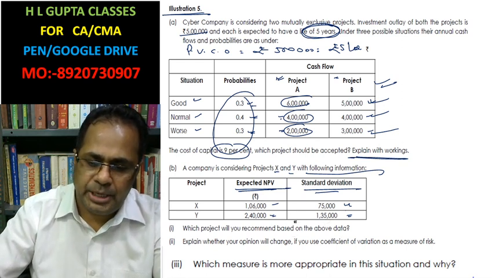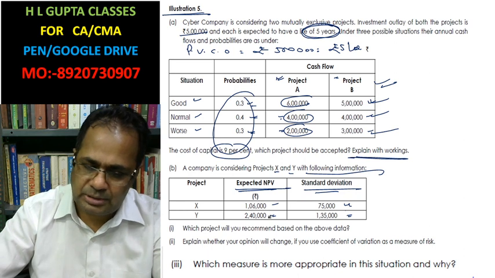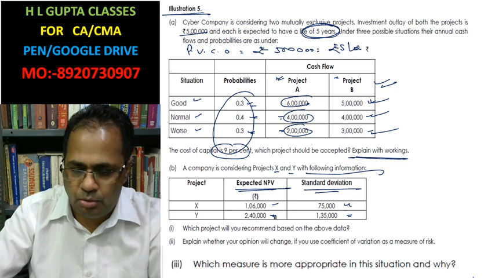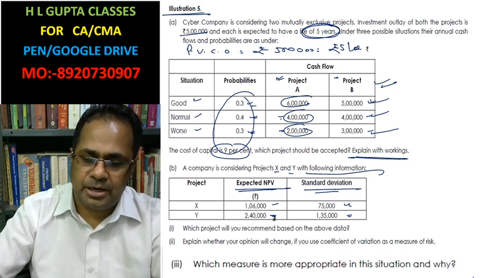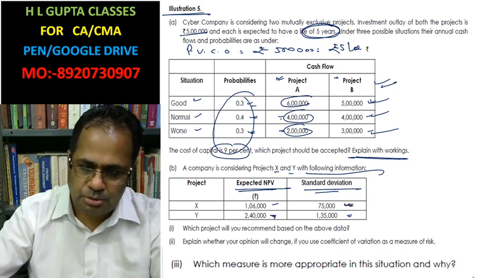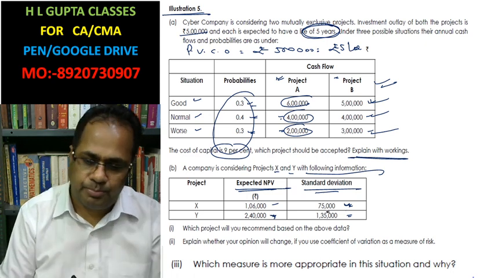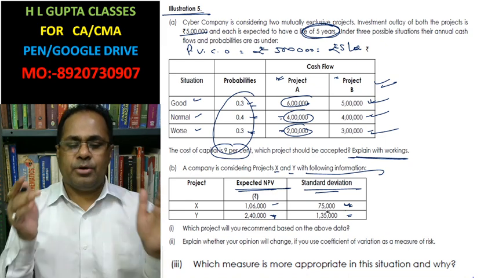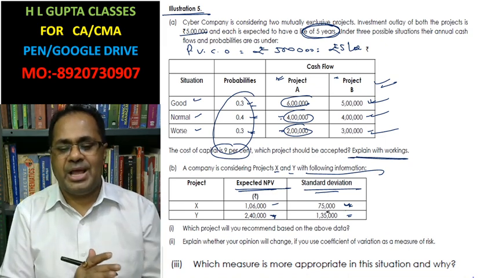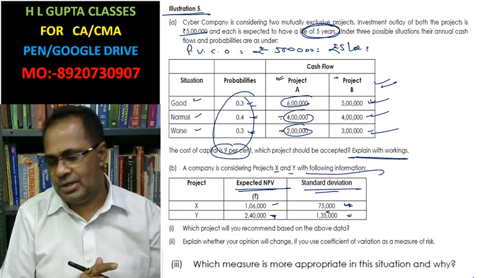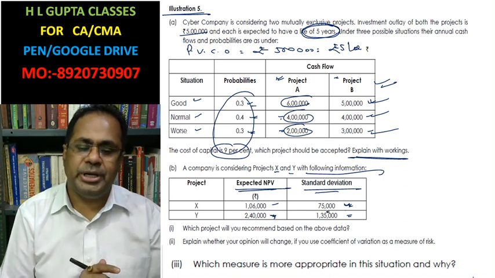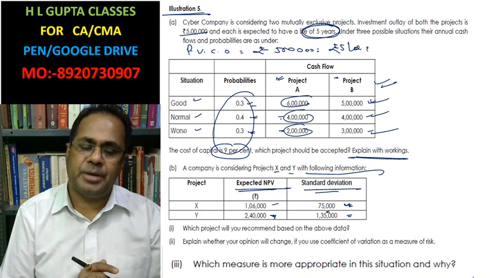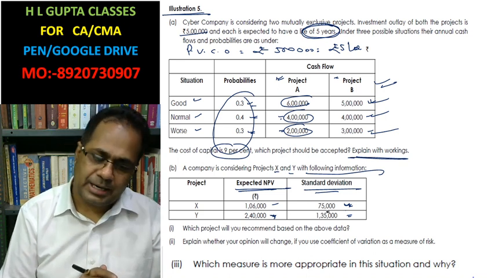On the basis of net present value, we can select project Y because of having high net present value. And on the basis of standard deviation, we select project X because of low standard deviation, low risk. Therefore, this is a conflict of ranking on the basis of net present value and standard deviation. In this case, we need to calculate the coefficient of variance, and the project having the lower coefficient of variance should be selected.